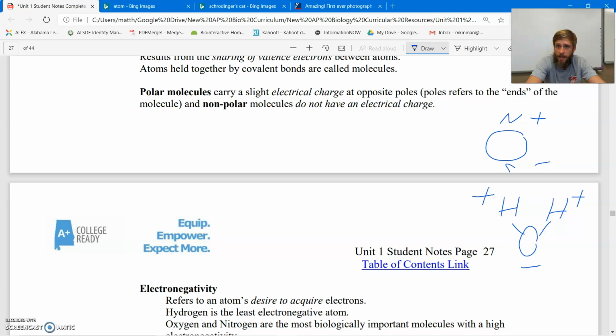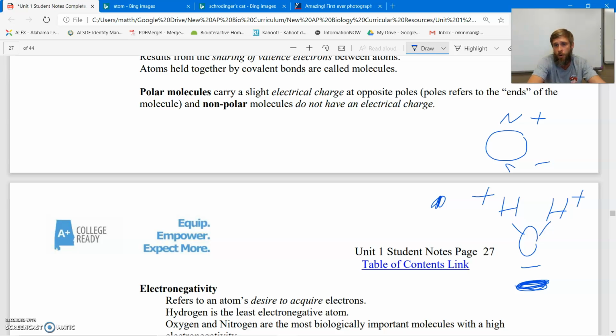It really badly wants to take electrons, so badly that these two hydrogens don't even make up for how much electronegativity oxygen has. So it gives a slight negative region down here on this end, the South Pole, and then at the North Pole, quote unquote, you have a more positive region.